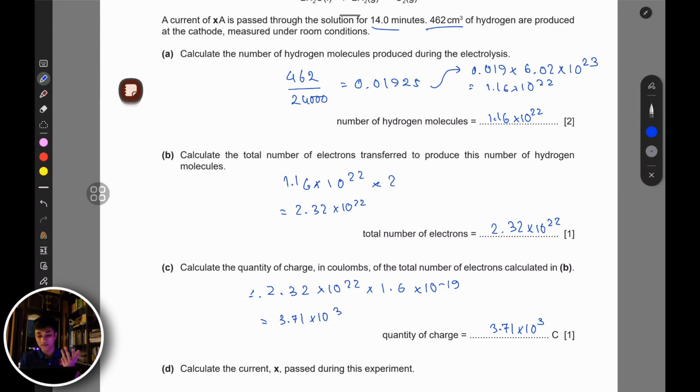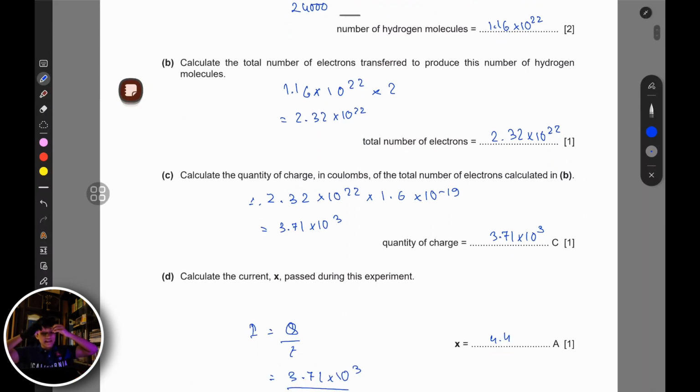So same thing, you multiply not the Avogadro's constant, but the number of molecules that you found out with 2, because for each of these molecules 2 electrons were gained. Therefore 2.32 into 10 to the power of 22 electrons were used up or transferred.